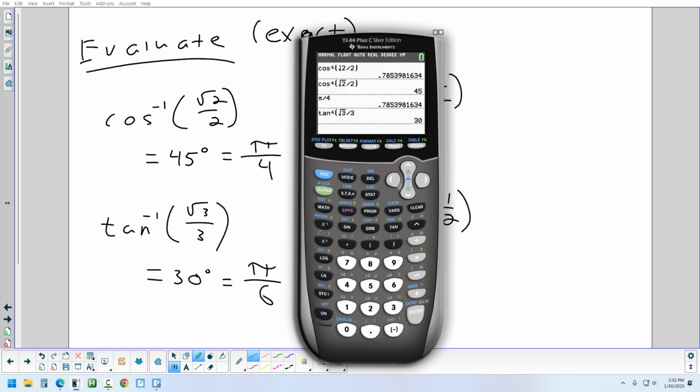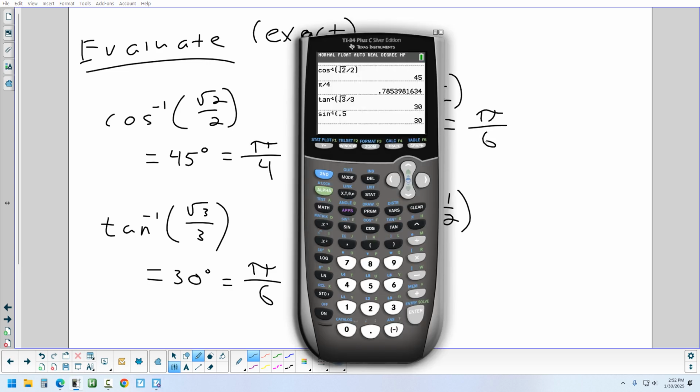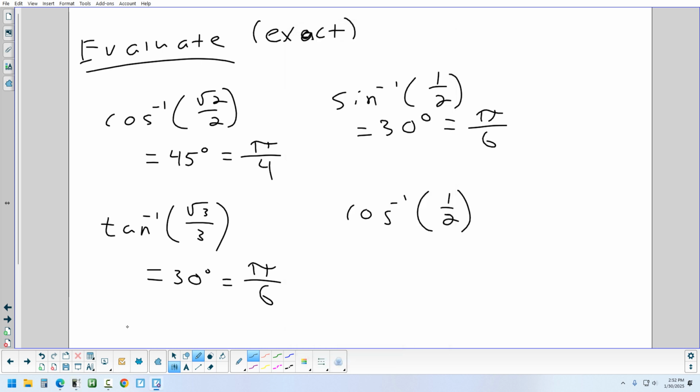Okay, let's do inverse sine of 0.5. That is also 30 degrees, which is pi over 6. And let's do the inverse cosine of 1/2. Okay, 60 degrees.